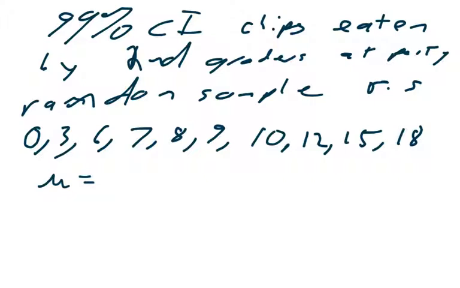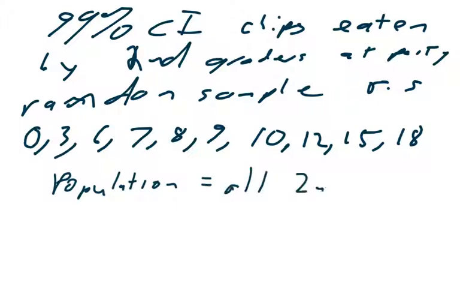So, first thing we want to do is define the parameter and the population. The population equals all second graders.